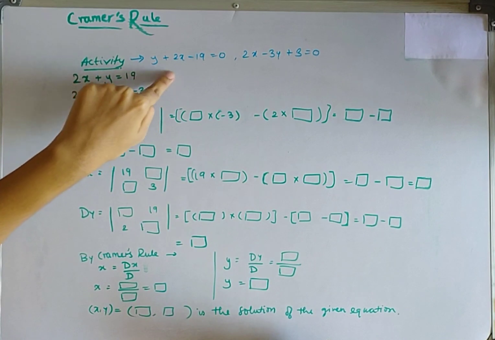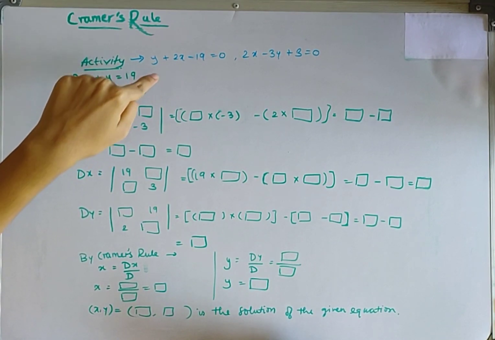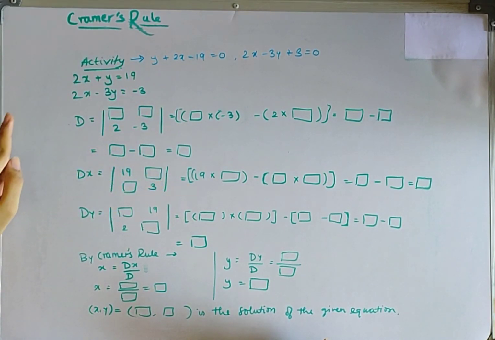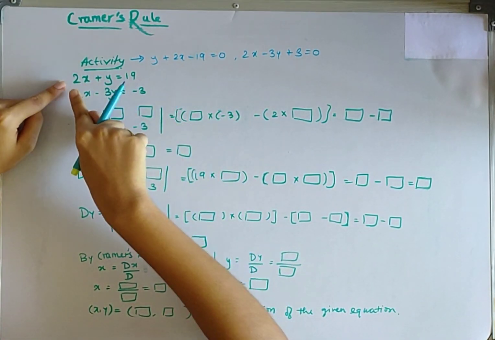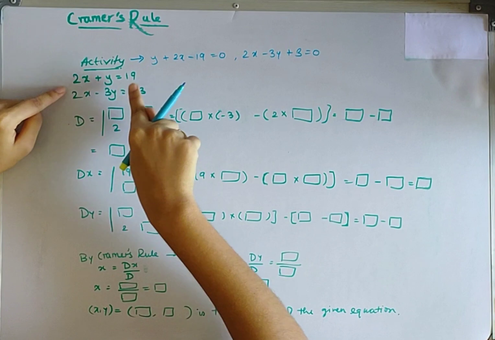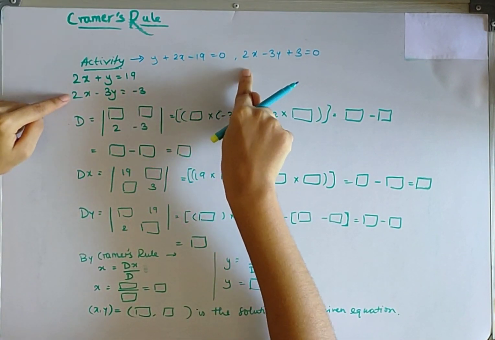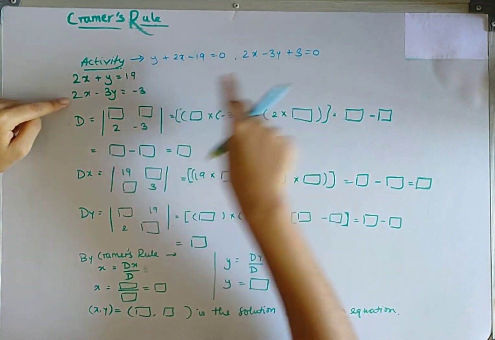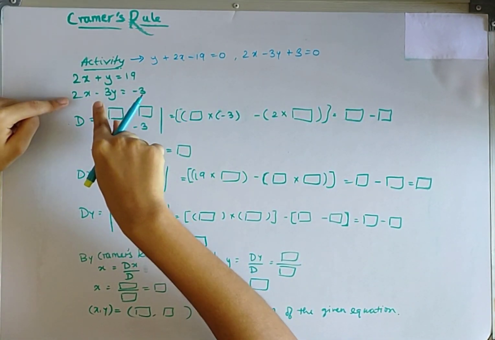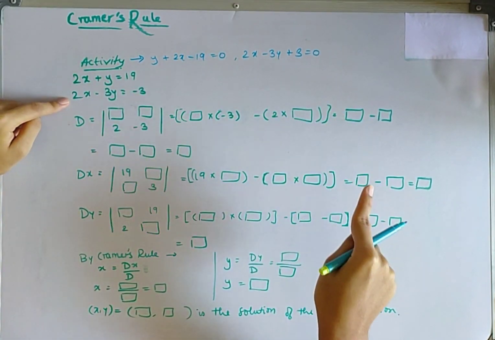So this is given in a different format. So you need to first bring it to the ax plus by is equal to c format. So for that, I rearrange the equation like 2x plus y is equal to 19 and here 2x minus 3y plus 3 is equal to 0. I've written it as 2x minus 3y is equal to minus 3.